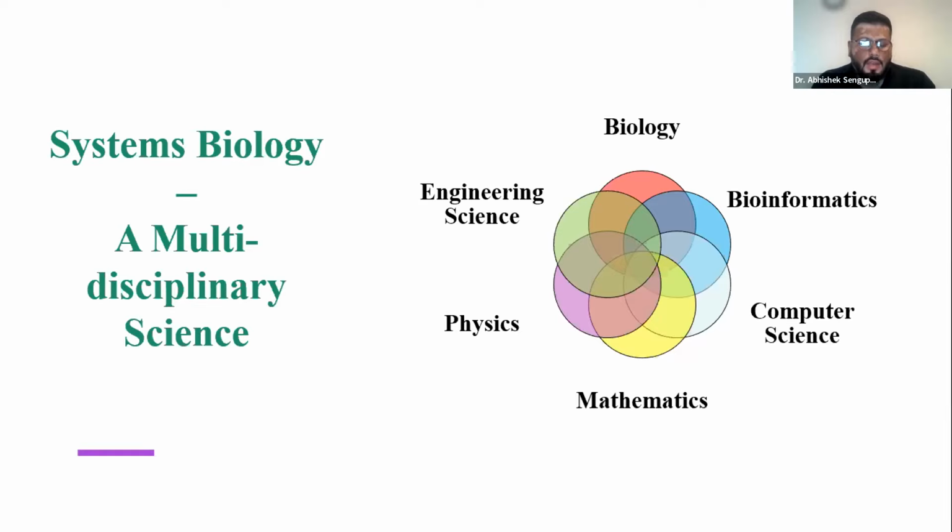Then we have computer science. We use various programming environments to do modeling and simulation, to create networks or network models. We use GUI based tools, and also programming based tools and apps, using Python packages, R libraries, or MATLAB toolboxes, right?